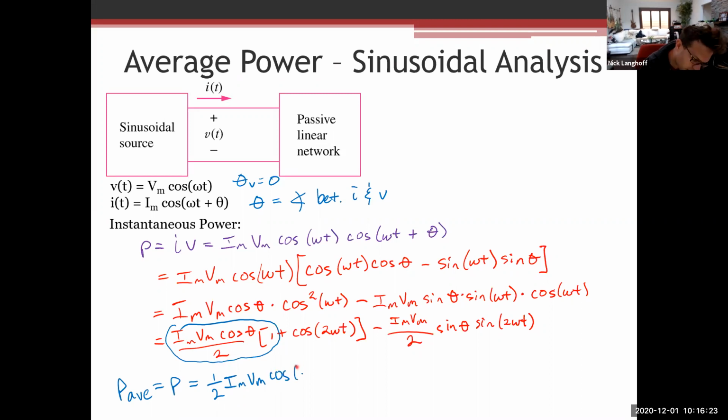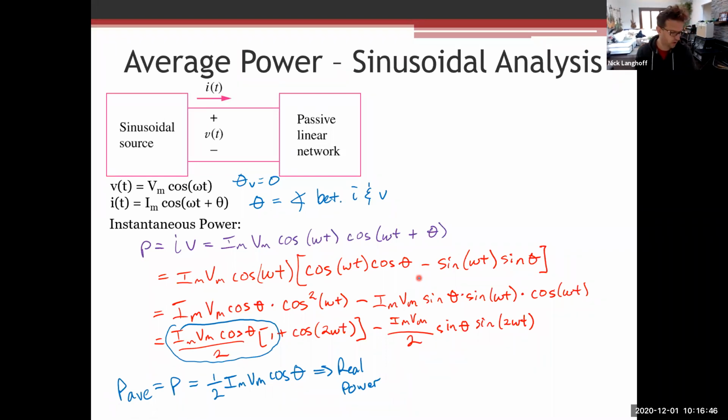Times the cosine of theta. This is what we call the real power, and it, in fact, is the only power that matters. It's the only actual power delivered to a load or network.